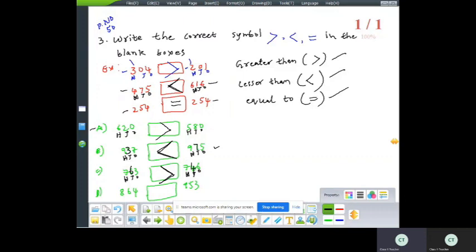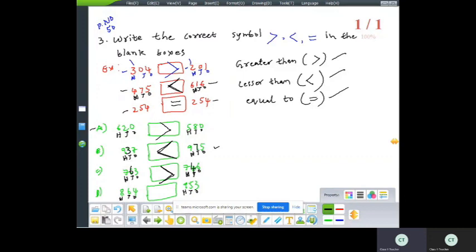Now question D. The numbers are 864 and 953. First we look at the place values 1, 10, 100. Here also 1, 10, 100. Now compare the digits in the hundreds place. On both sides the digits in the hundreds place are 8 and 9.